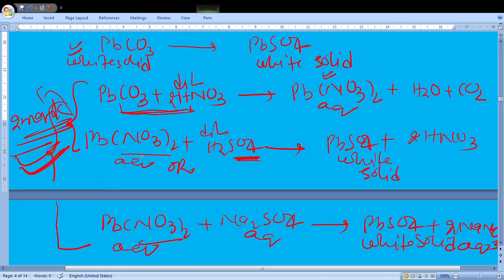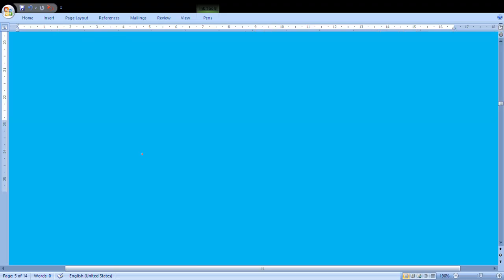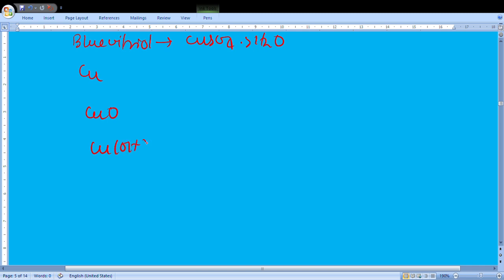Now we are going to prepare some laboratory preparations of salts. We will prepare blue vitriol. You know blue vitriol, CuSO4·5H2O. So first we will take this one. How to prepare it? See, first of all, Cu or CuO or Cu(OH)2 are taken as reactant.